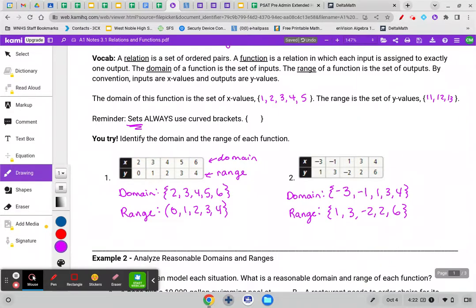Okay? So domain is x values inputs. I know our vocab says it above, but it's probably a good thing to review. Domain is your x values and your inputs. The range is the y values and the outputs.